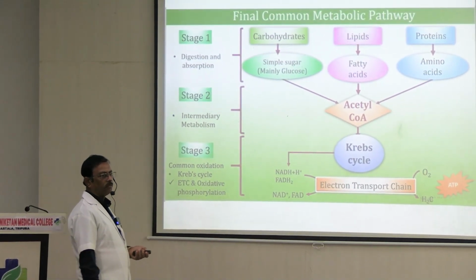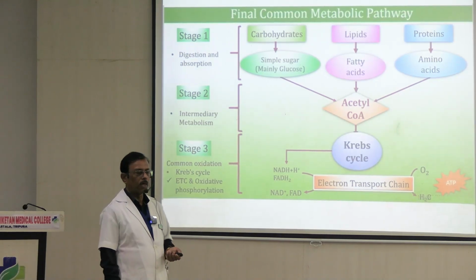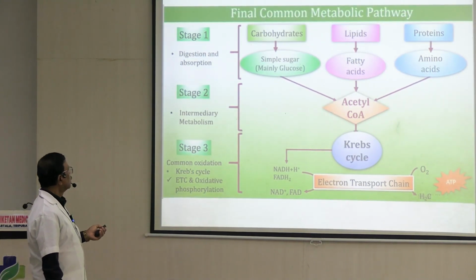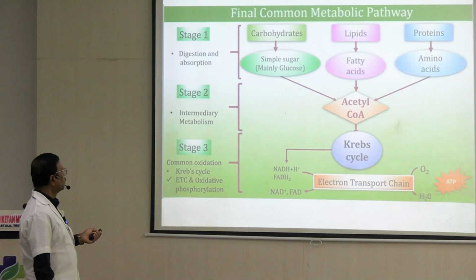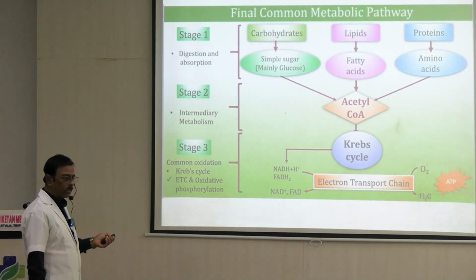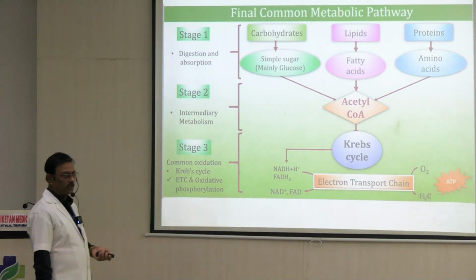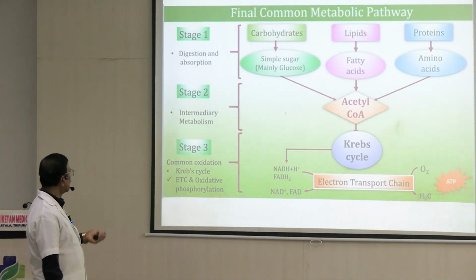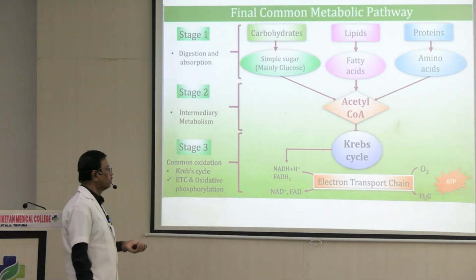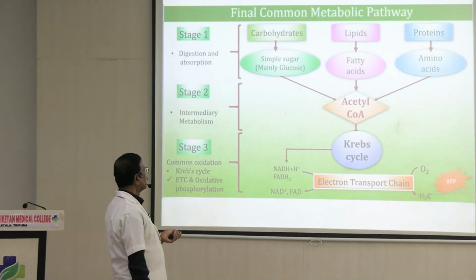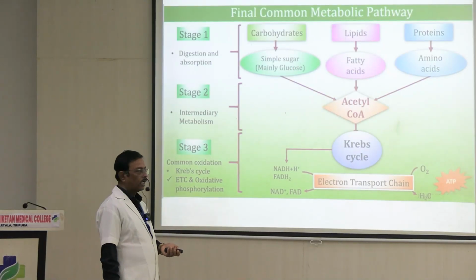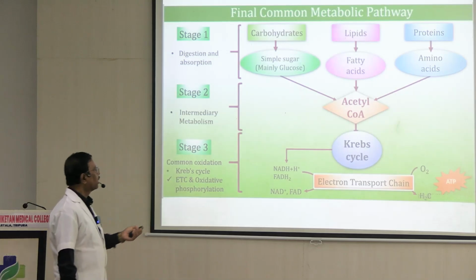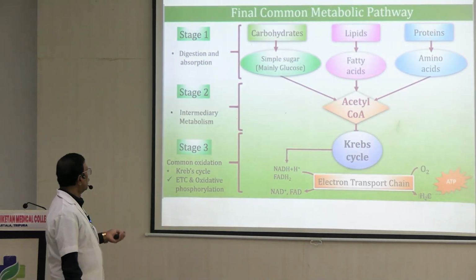TCA cycle is the final common metabolic pathway. In the first stage, carbohydrate is converted into simple sugar, glucose, lipid into fatty acid, protein into amino acids. In the second stage of metabolism, that means intermediary metabolism, acetyl-CoA is synthesized from glucose or fatty acid or amino acids.